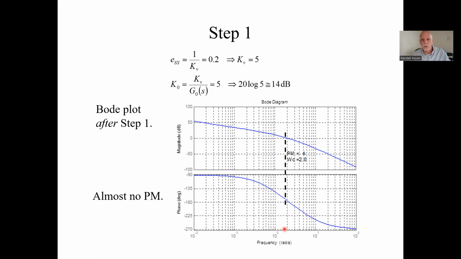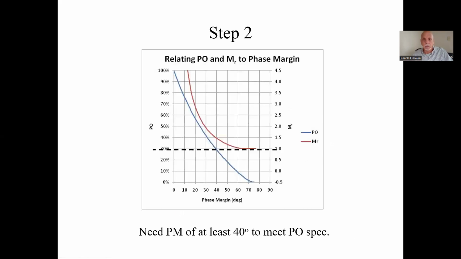And you can see the phase margin is almost nothing. Here's the minus 180, and we're almost crossing at minus 180. MATLAB calculates it at 4. Maybe it is minus 4. Pretty close to 0. So we're going to have to add quite a bit of phase margin.